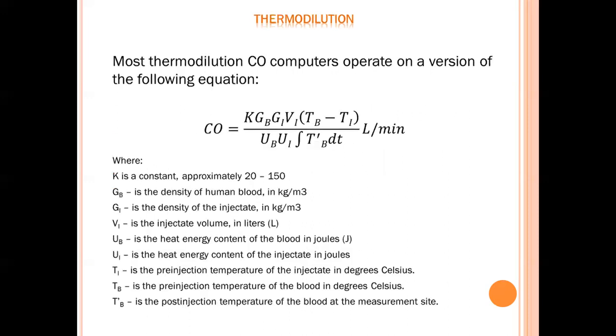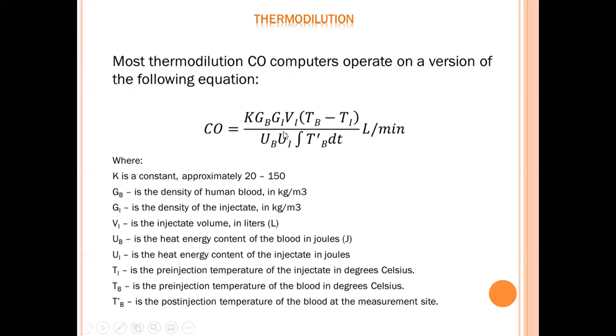And most thermodilution computers, or cardiac output computers, operate on a version of the following equation. So basically, this is what would be programmed in the computer so that the thermodilution method can be effective.